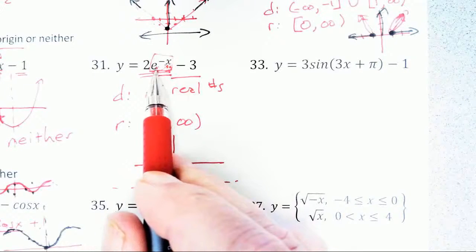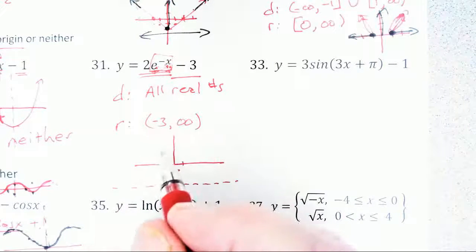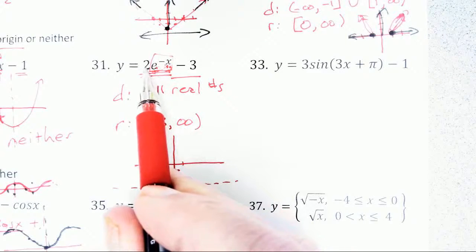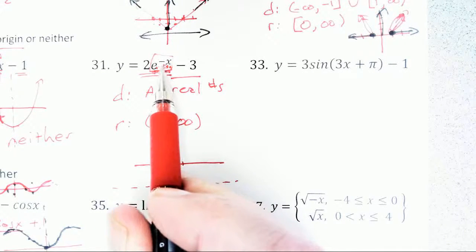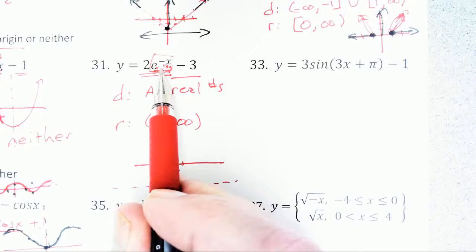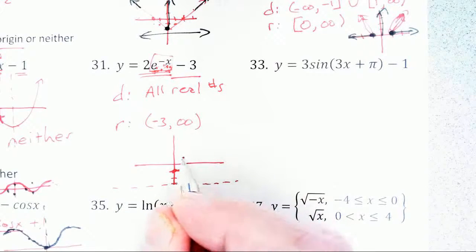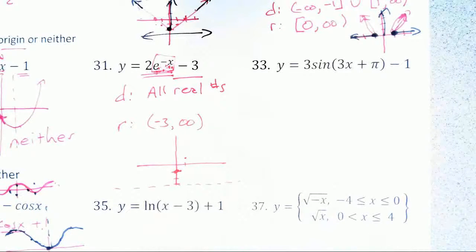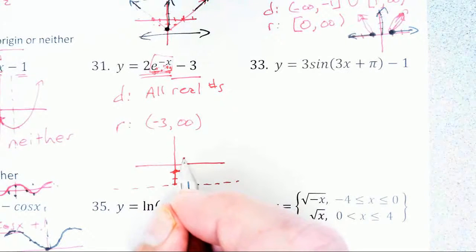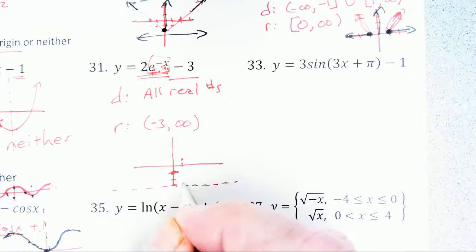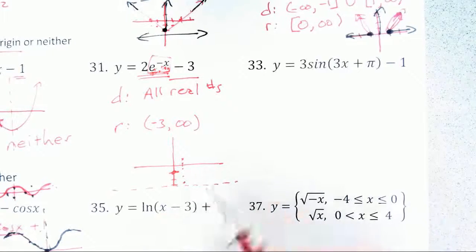So a little more than 2 to the -1st is 1 over a little more than 2. And so that's 2 times 1 over a little more than 2. Well, 2 over a number that's bigger than 2 is a little bit less than 1. So we're up here. Okay. Oh, then I have to subtract 3 from that. Sorry. Subtract 3, and we're down here, down 1, 2, 3, a little more than -3.